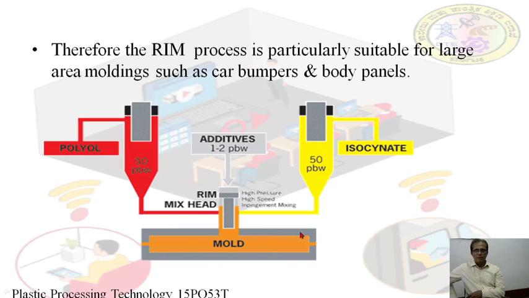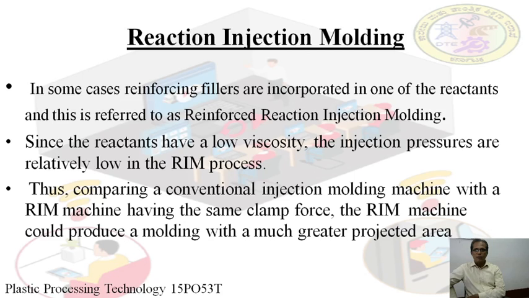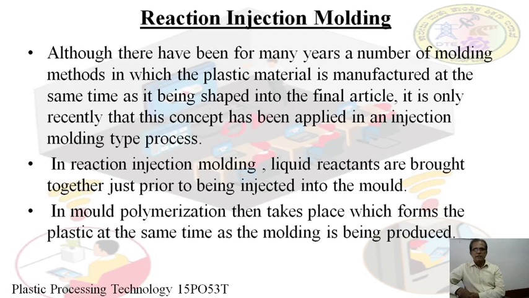Say this is the mold, into which the raw materials from separate arrangements are mixed together and pumped, and cooling is done. By opening the mold, you can take out the product. Now let us see in detail.